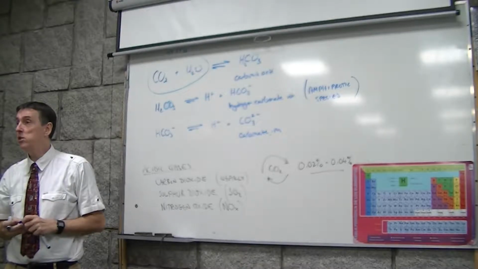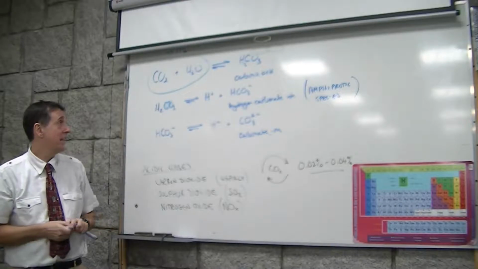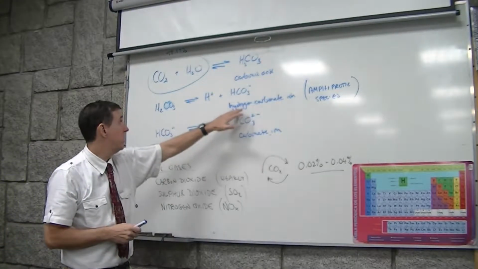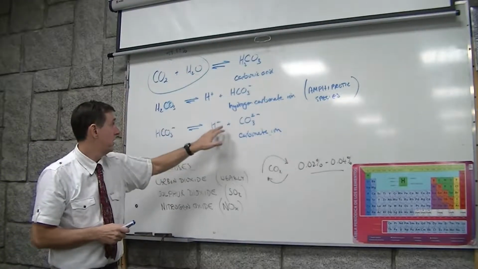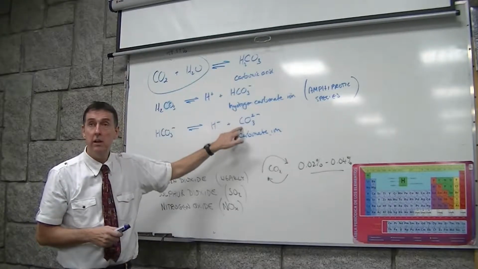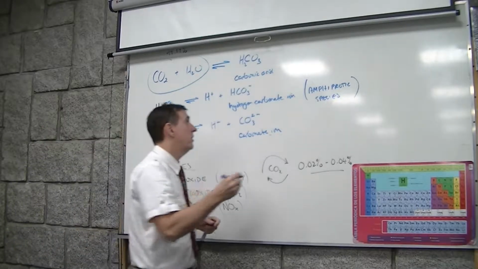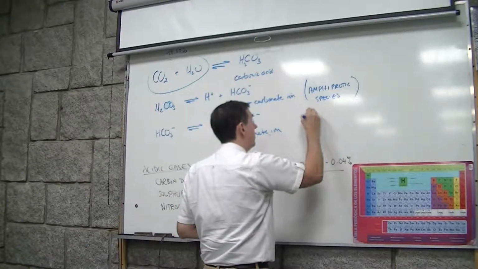It has auto buffering capabilities because it can absorb hydrogen ions going this way, or it can release hydrogen ions going this way. So amphiprotic species often auto buffer.